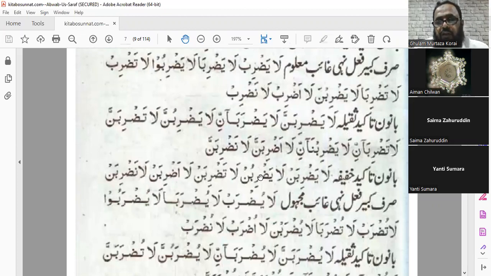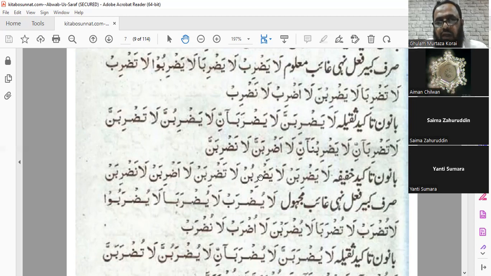And now let's complete this. That is Sarf Kabir Fail Nahi Ghaib and Mutakallim Ma'lum, because we add two sigas of mutakallim. Like La Yadrib, La Yadriba, La Yadribu, La Tadrib, La Tadriba, La Yadribna, La Adrib, La Nadrib.